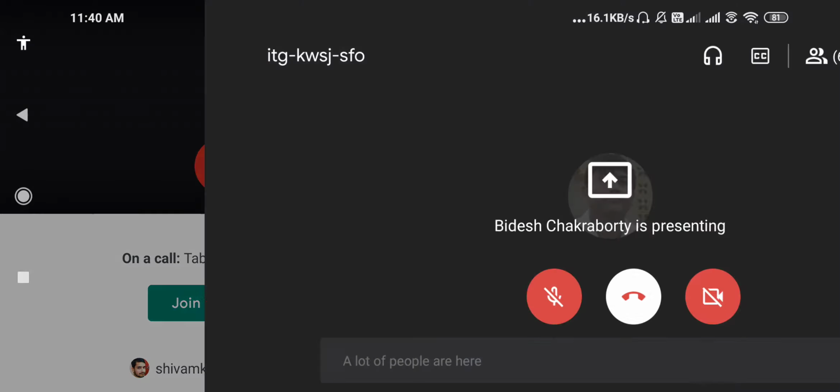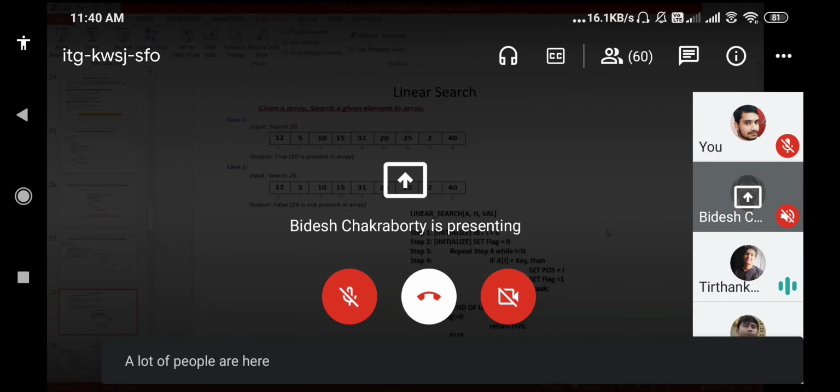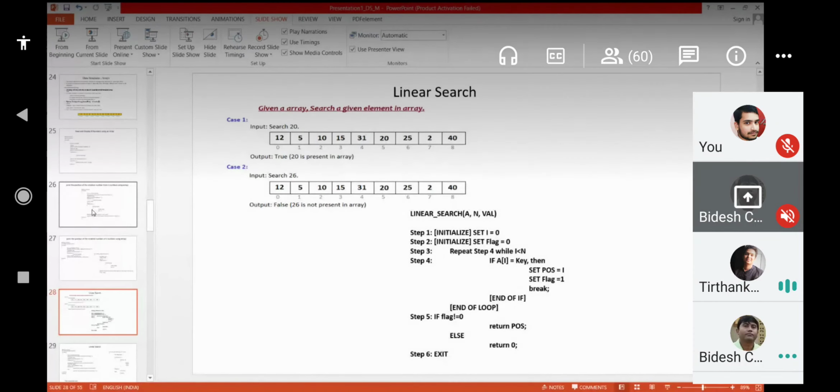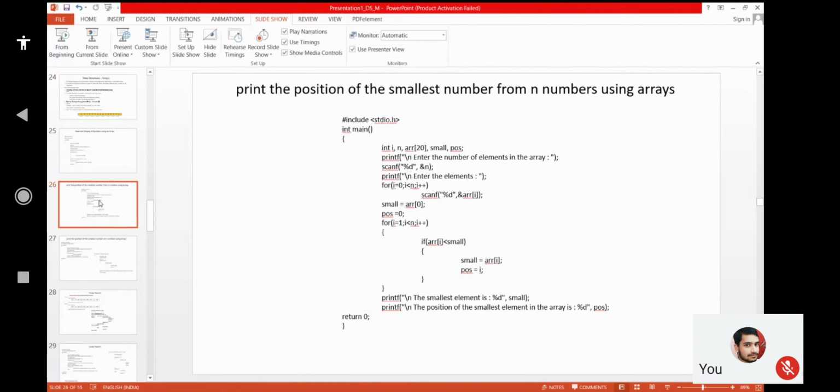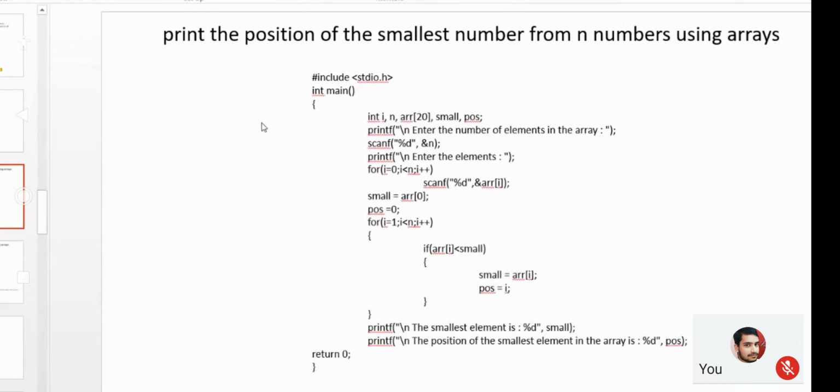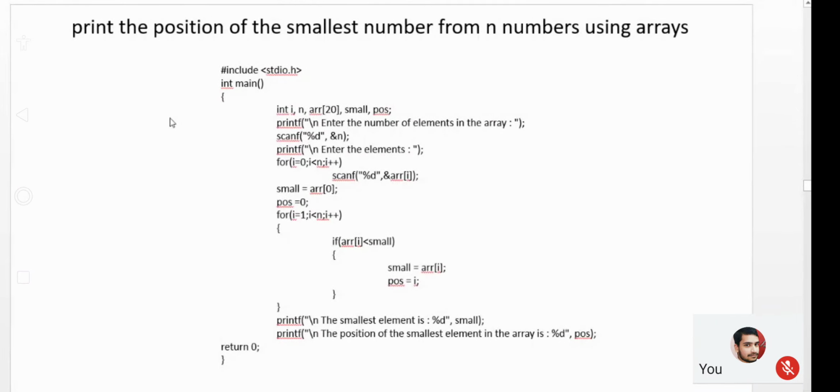Sir, you were doing some rough work for detailed visualization. Slide number 26, sir. In this problem, you are doing some rough work. But already I have deleted that rough work.